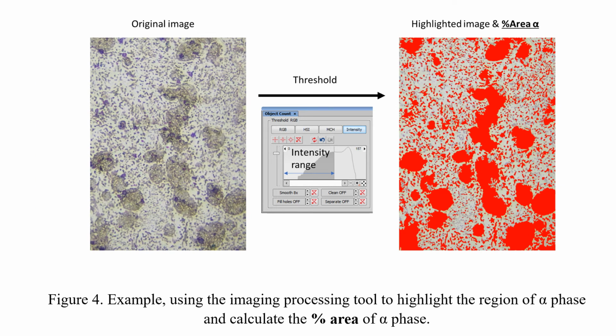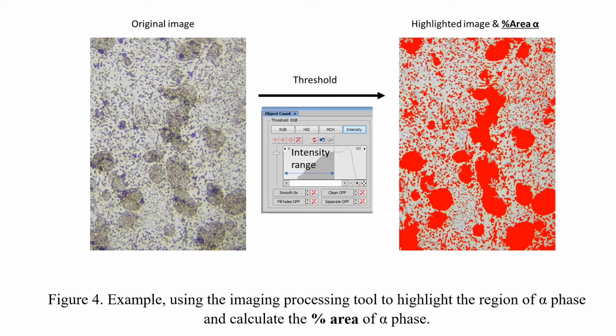As the microstructure is dependent upon the alloy composition, the theory can be verified by comparing calculated composition values based on the proportion of phases in the image with the actual value. First, the proportion of phases can be analyzed using an image processing tool that can highlight the region of the phase by defining an intensity range, and measure the percentage of area of the highlighted region.